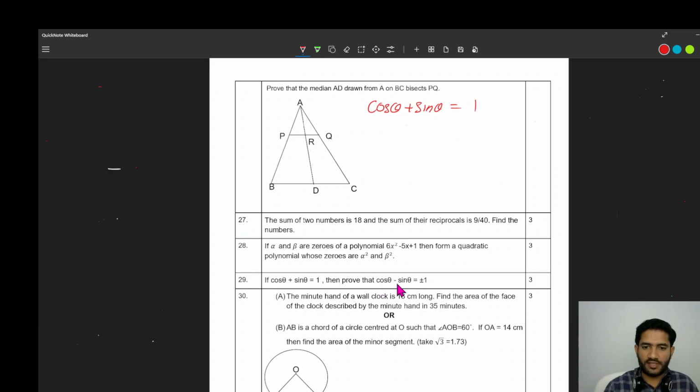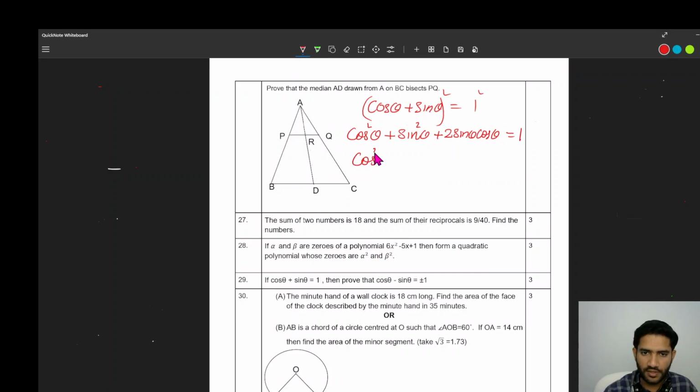We want to express cos theta minus sin theta. From cos theta plus sin theta, just square both sides. So we'll get cos square theta plus sin square theta, that means a square plus b square, plus 2ab, equal to 1. Now 2 sin theta cos theta.